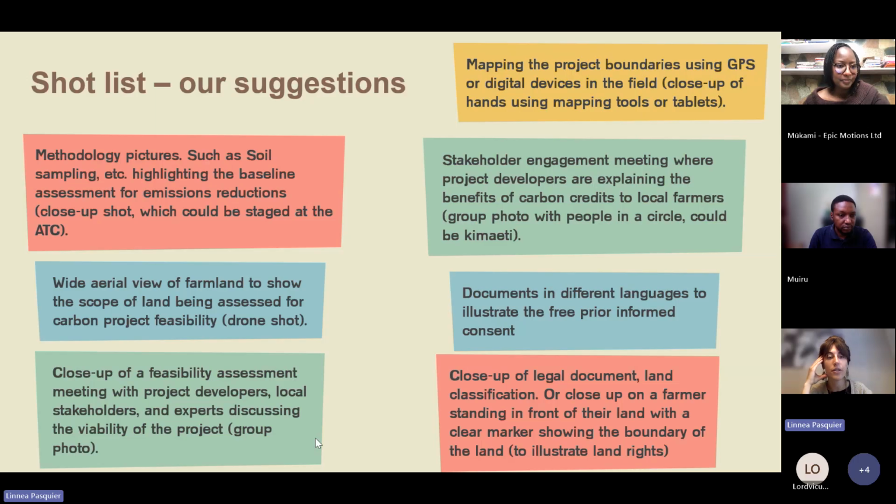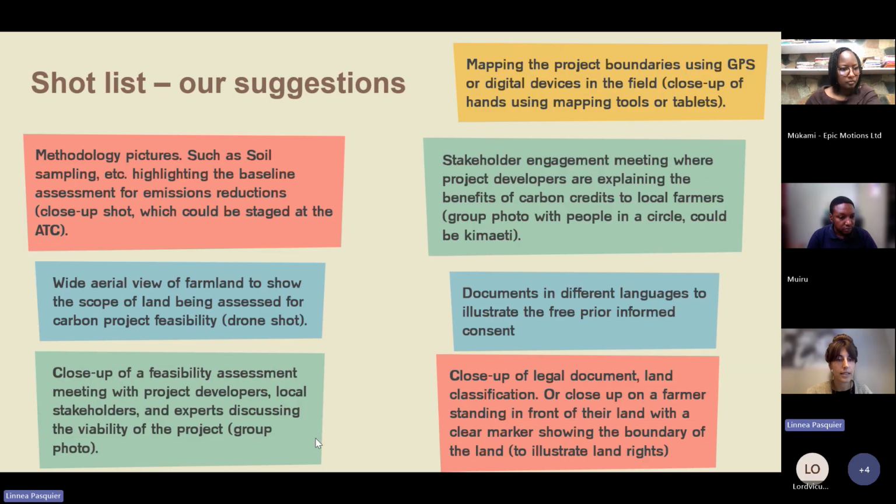So for the methodology, pictures can be soil sampling, where you could highlight the baseline assessment for emission reductions. It could be a close-up shot and also staged at our agroforestry training center. It could also be a wide aerial view of farmland to show the scope of the land being assessed for carbon project feasibility, like a drone shot. So then you understand, okay, this is the scope geographically.